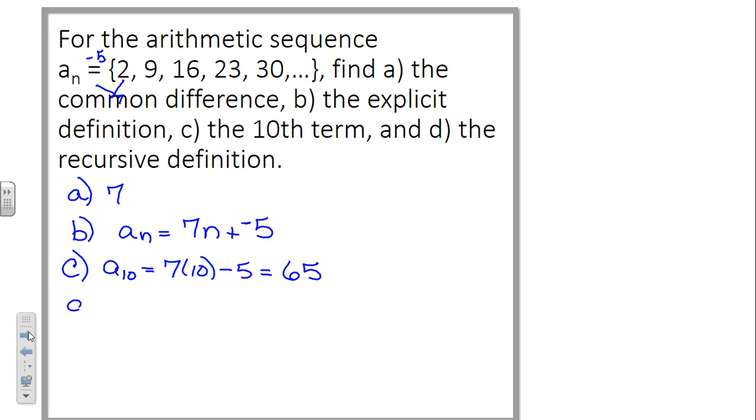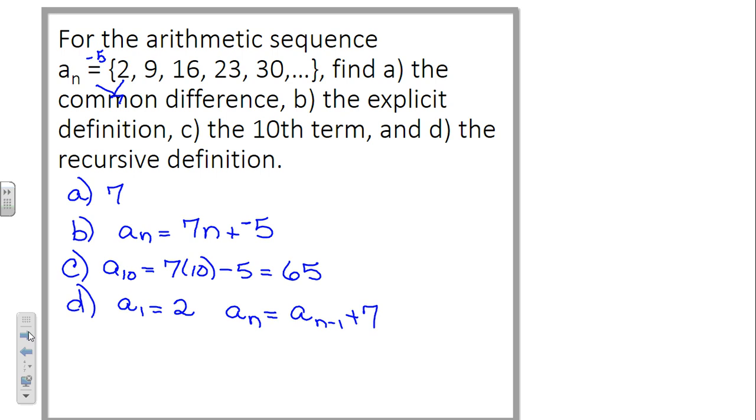And finally, part D, we want the recursive definition. How do we start every recursive definition? A sub 1 is 2, and a sub n, if you want to use a sub n, that's going to be a sub n minus 1 plus 7.